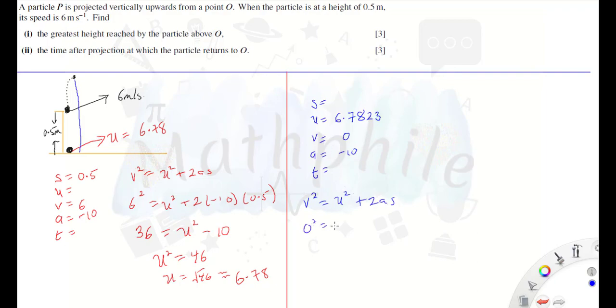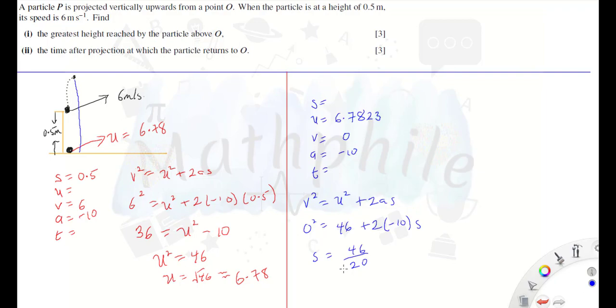So 0 squared is equal to the square root of 46 squared, which is going to be 46, plus 2 times the acceleration, which is negative 10, times S. So this becomes S is equal to 46 divided by 20.